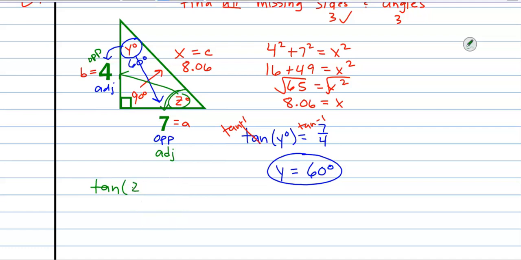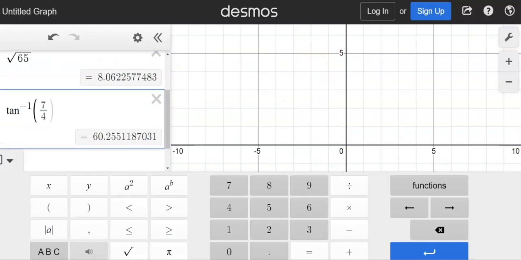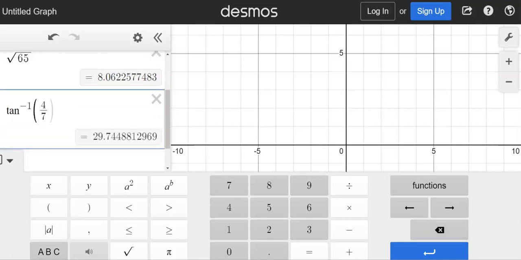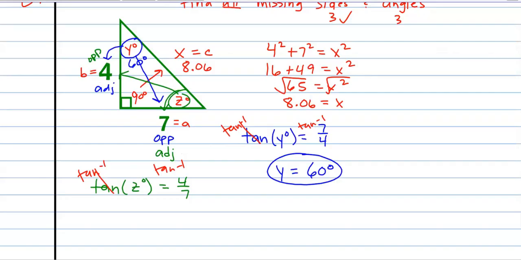Tangent of z is equal to 4/7. Take the inverse of both sides. I'm just going to go in here and just change these around. 4 divided by 7, and we get 29.7, so that one's going to round up to 30 degrees.